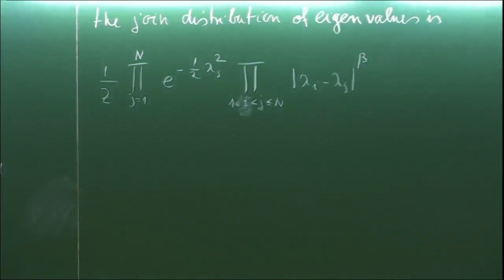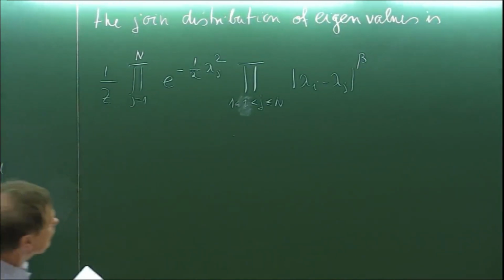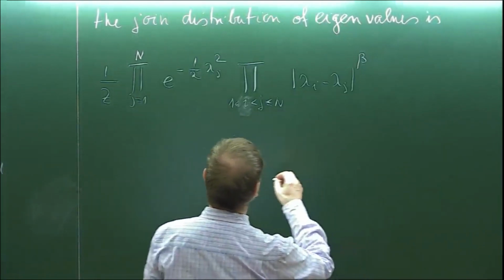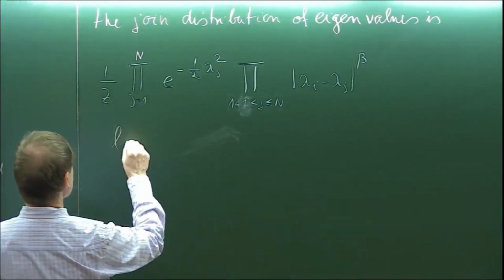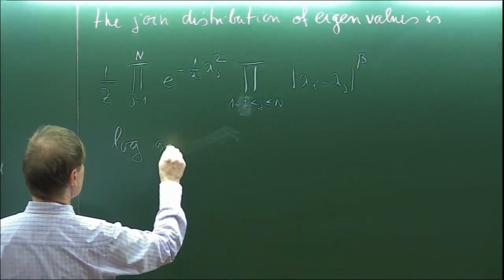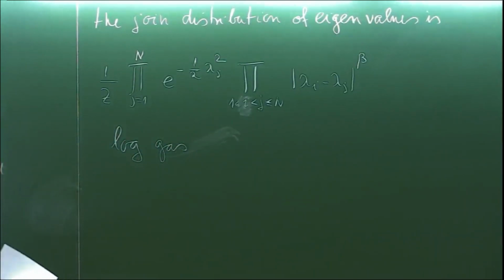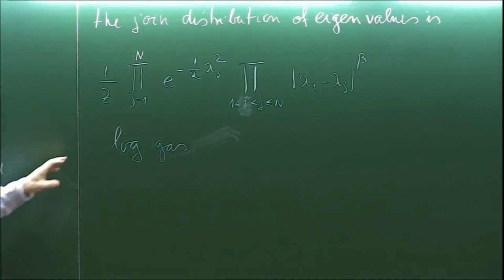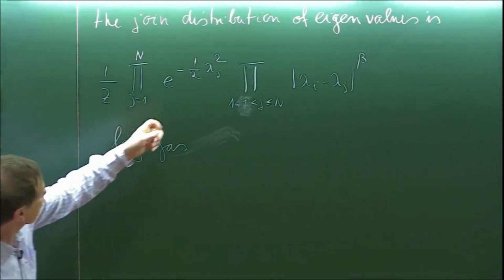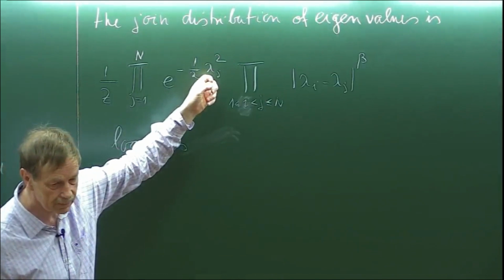Okay. Now this formula is known to the random matrix community as the one-dimensional log gas. Well, I'll leave out the one dimension, okay? So what they are saying is that that very particular random matrix has a joint distribution of the eigenvalues which is given exactly by the standard formula of a log gas with a confining potential which is quadratic, right?